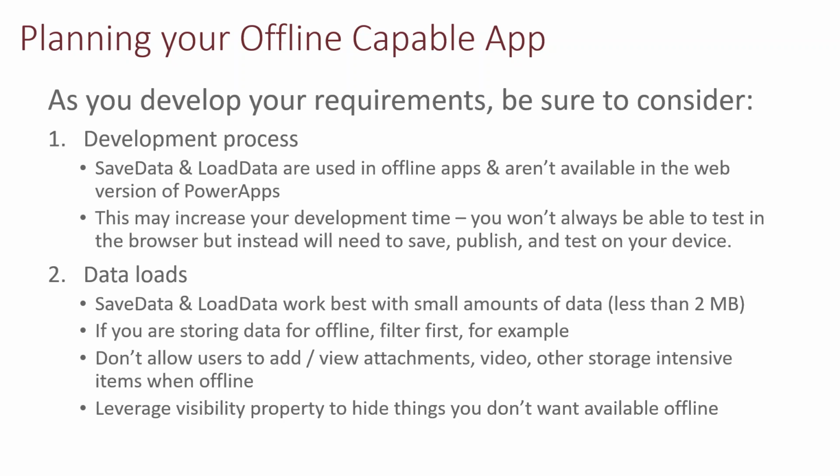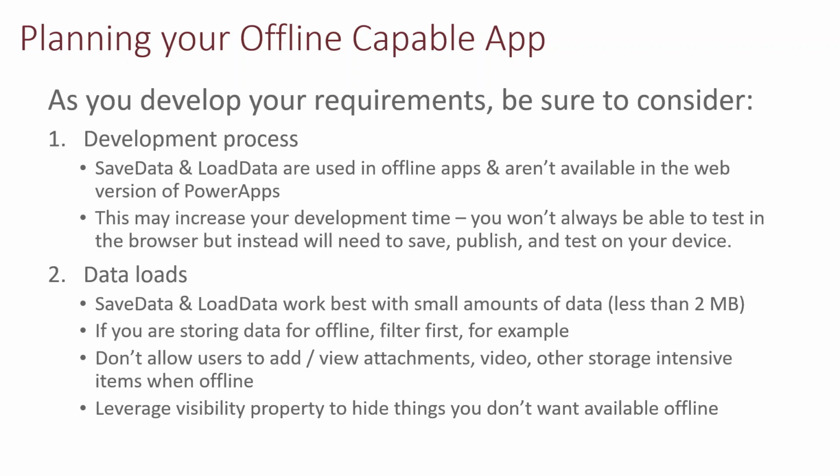Data loads. You need to think about data loads in your app. The documentation states that save data and load data work best with small amounts of data. So if you have some mega database table that is required for this app and you want to use it offline, you're going to have to be prepared for performance hits.